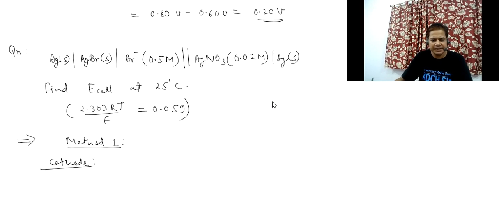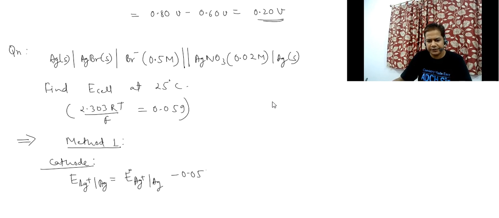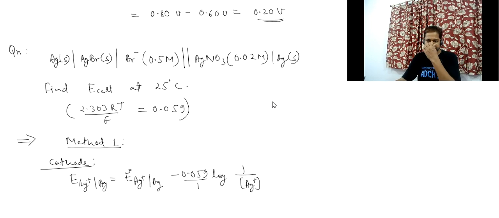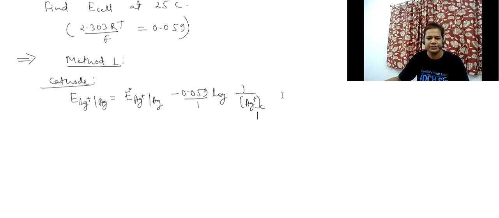Let us first write the electrode potential of cathode. Cathode is Ag plus Ag electrode. We'll write E of Ag plus 2Ag is equal to E naught of Ag plus 2Ag. We'll apply the Nernst equation, minus 0.059 by 1 log of 1 upon Ag plus. What is the concentration of Ag plus ions at cathode? Concentration of Ag plus ions at cathode will be equal to 0.02 molar, which is equal to concentration of AgNO3.